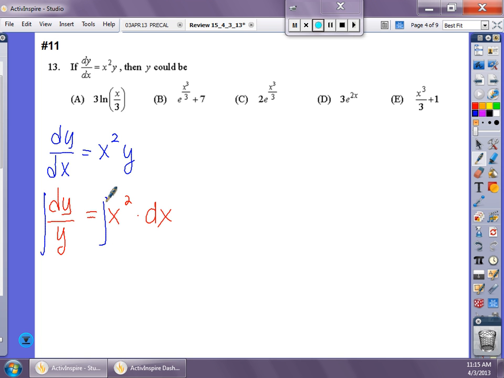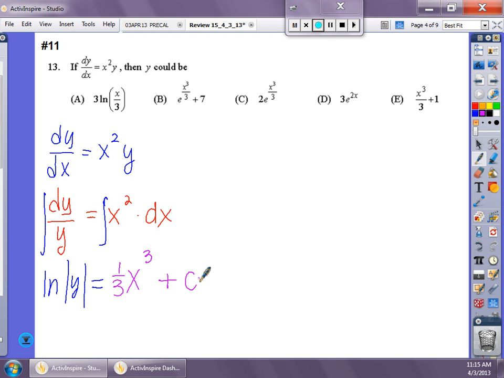When I integrate both sides, Lottie, what does the left side give me? ln of y, yep, you need the absolute value, equals, JP, what does the right side give me? One-third x to the third, and then what do I need? Plus c on that side. I always add my plus c's on the x side.